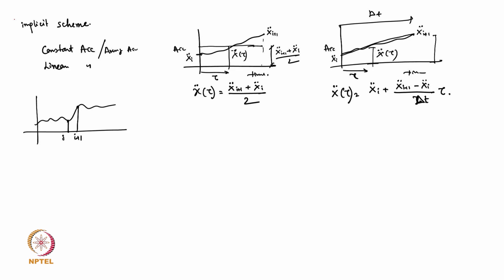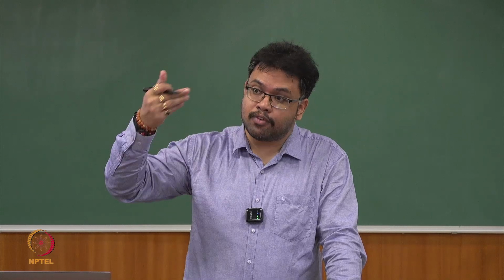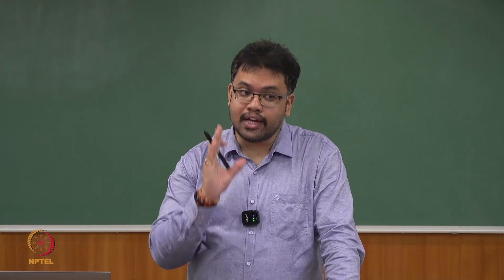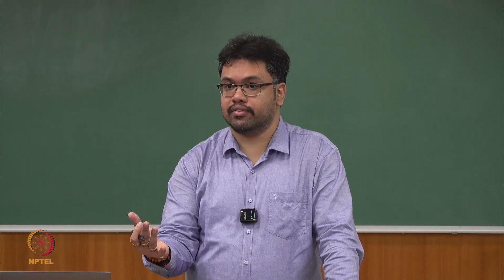First of all, try to understand this is the plot of the response acceleration, not the input acceleration, not the ground acceleration or the forcing function. This is the plot of the response acceleration. There you are assuming how it is varying.